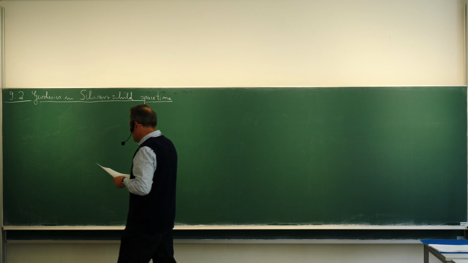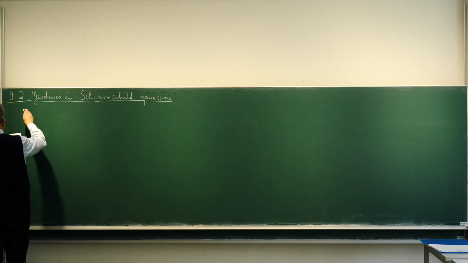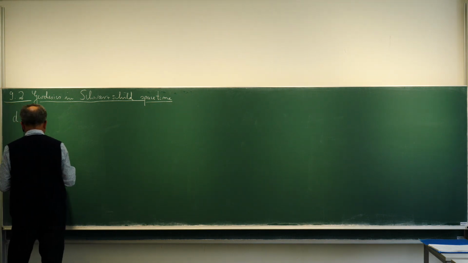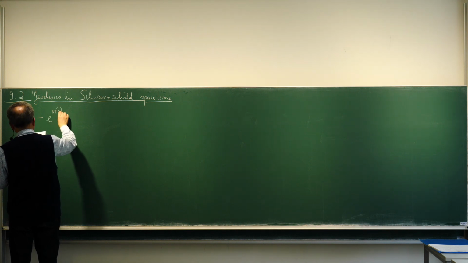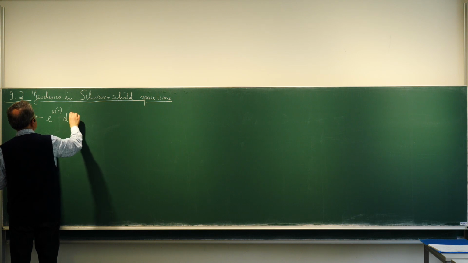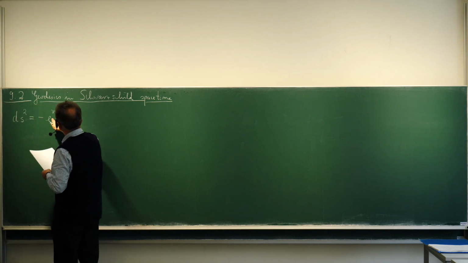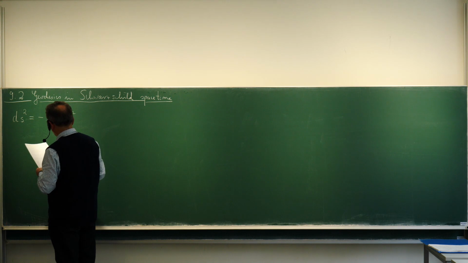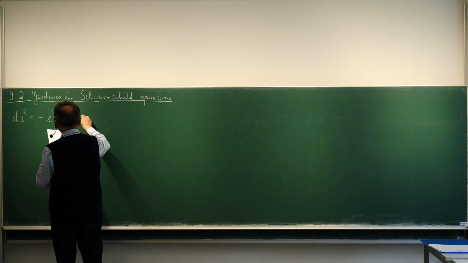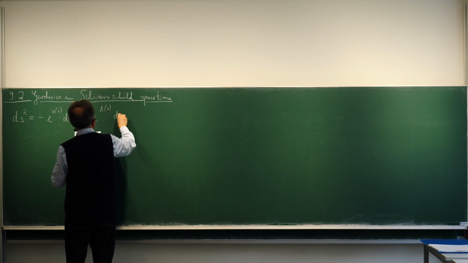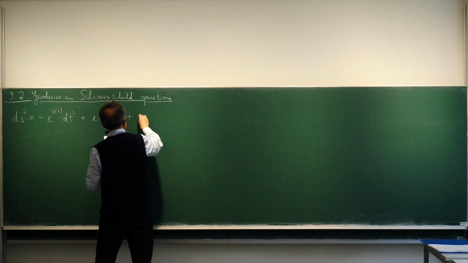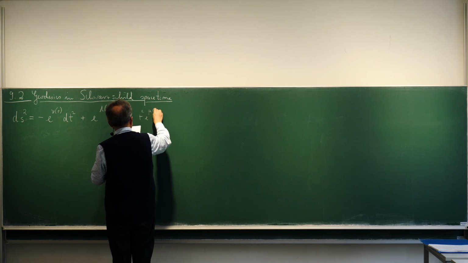Let me write down the general spherically symmetric metric, ds squared, so without yet specializing it to Schwarzschild. As we have seen in chapter 8, we have here one function of r, a positive function of r, e to the nu of r, dt squared, plus e to the lambda of r dr squared, plus r squared e to the mu of r.